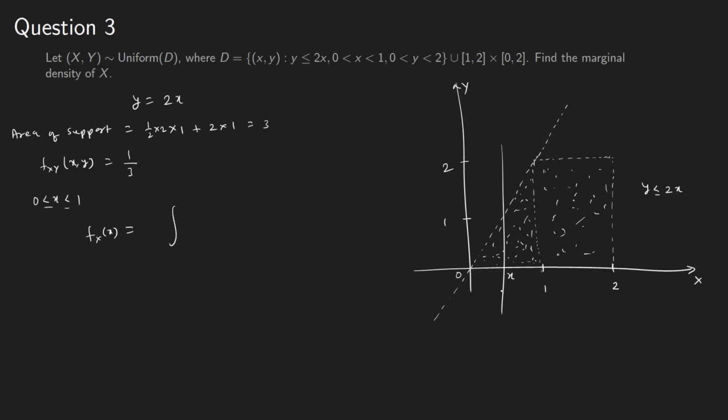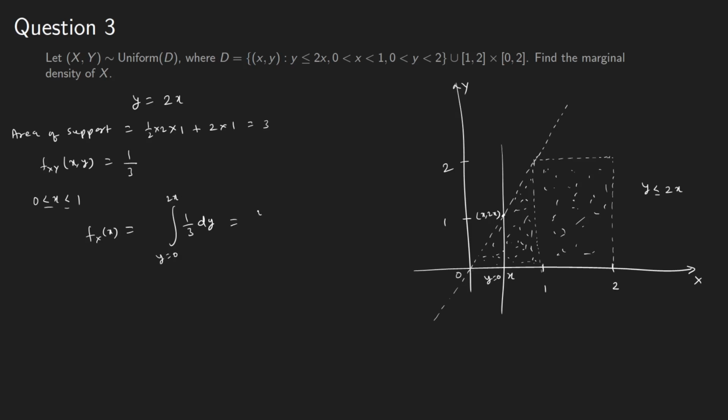So we will integrate with respect to the other random variable y, the PDF 1 by 3 dy. We will integrate from y equals 0 to y equals, so what are the coordinates of this point? If it is equal to x, it will be x and 2x. So the height of this point is 2x, and we have to integrate from y equals 0 to 2x.